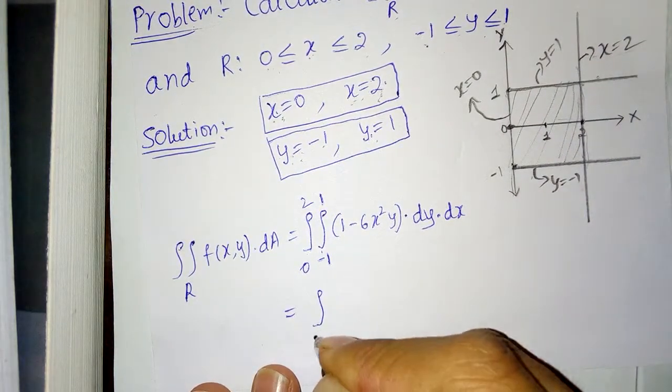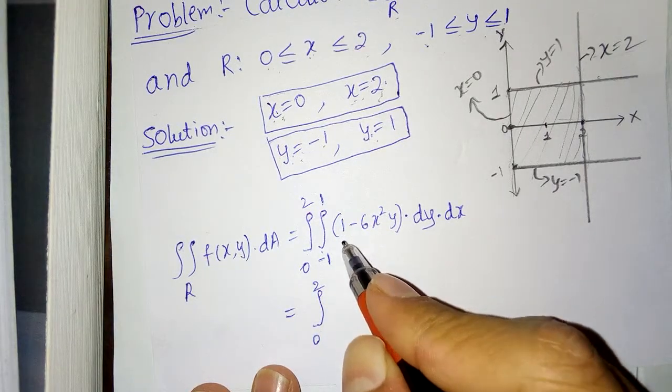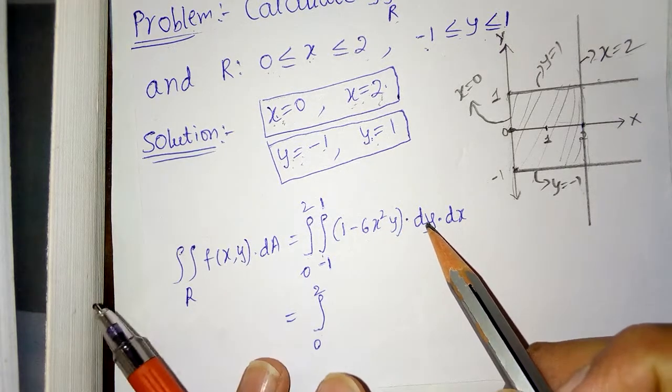Now, from 0 to 2, what is the integration of 1 minus 6x squared y with respect to dy?